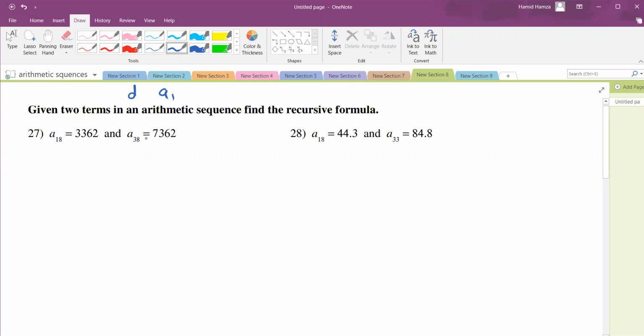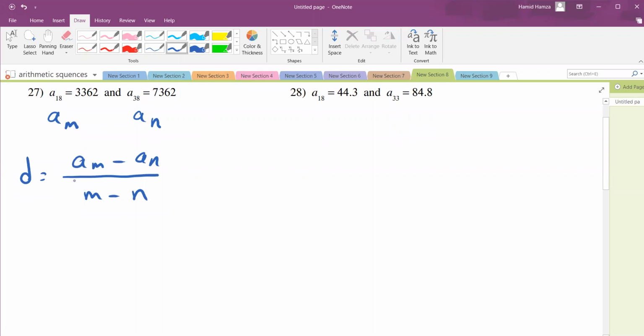How to find D from this one? The rule will be like this. If you have AM and AN, two terms like this, D will be equal to AM minus AN over M minus N, like this. So please copy this rule.